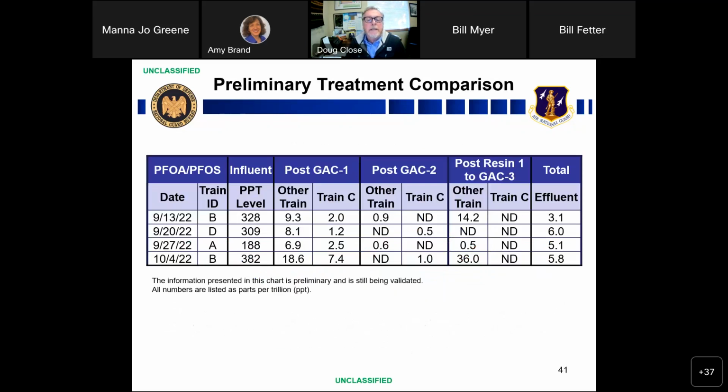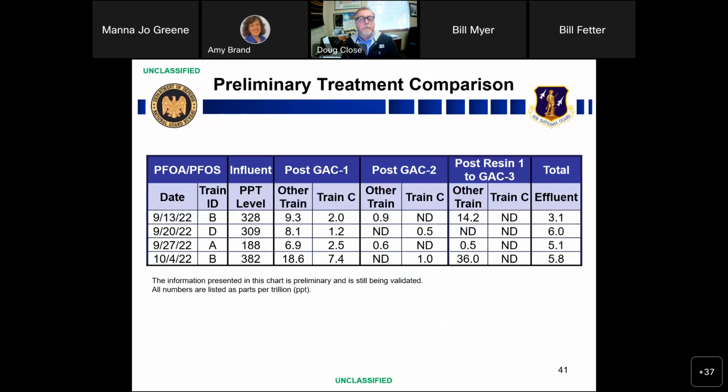So here is a snapshot of what we're looking at initially and seeing with our 3 different trains of GAC resin, which are trains B, D, A, and then our C train.